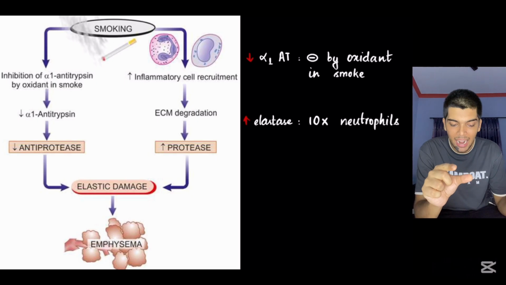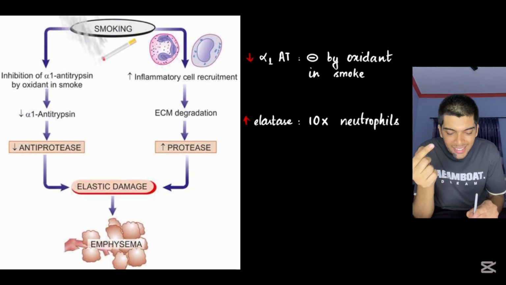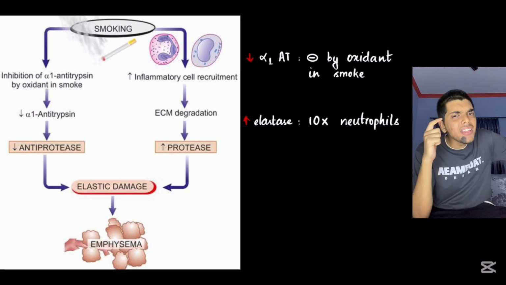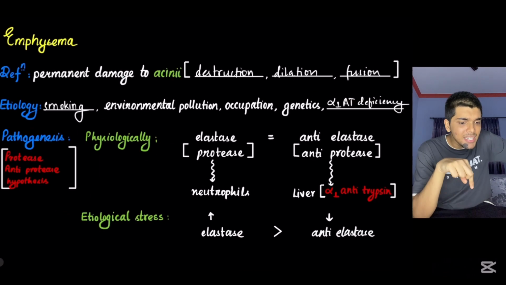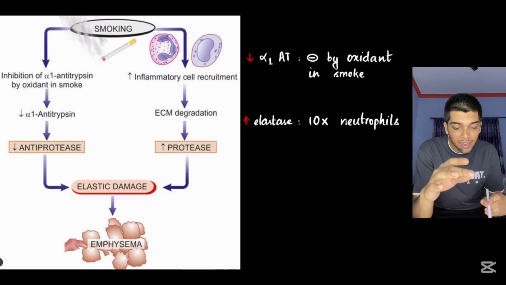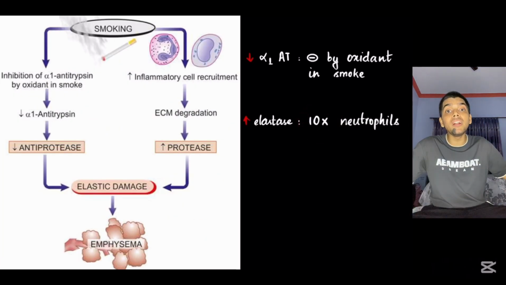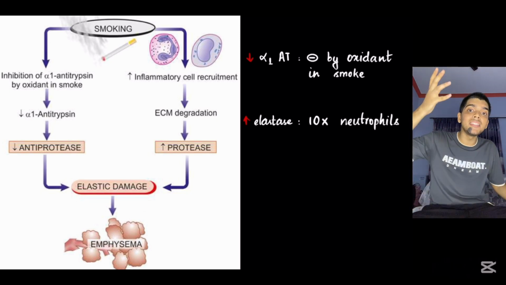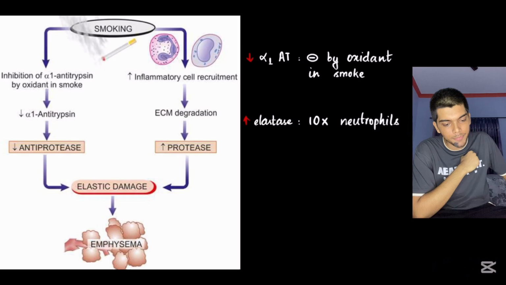It is said that smoking results in a 10 times increase in the number of neutrophils. Previously I said that it is the neutrophil that produces elastase. That means 10 times the number of neutrophils, 10 times the amount of elastase. So there is an immense increase in elastase.